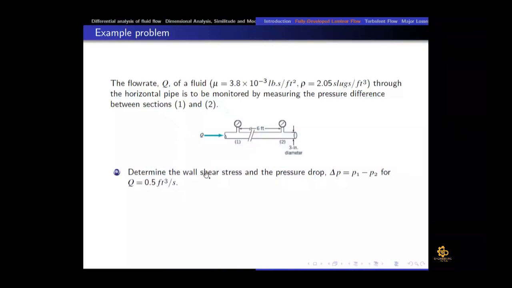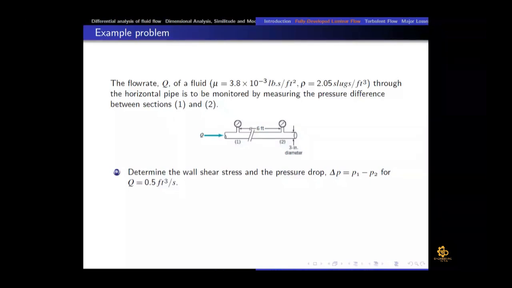Determine the wall shear stress and the pressure drop delta P if the volume flow rate through that pipe is 0.5 feet cube per second. We are also given the length between the pressure gauges from which we calculate delta P, that is 6 feet, as you see in the figure. So we need to calculate how much pressure drop would be occurring between 1 and 2 for a volume flow rate of 0.5 feet cube per second, and the wall shear stress.